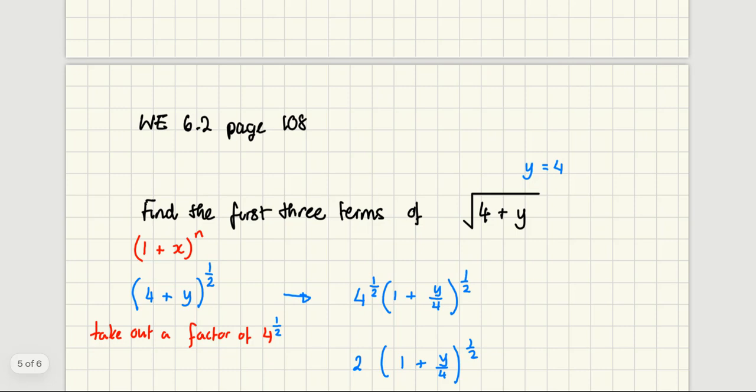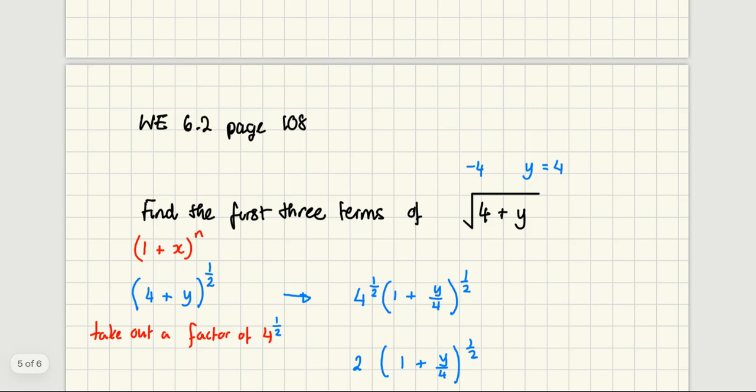Is putting 4 in okay? Yeah. Is putting -4 in okay? Yeah. But anything where y is less than -4 is going to be a problem. Yeah.